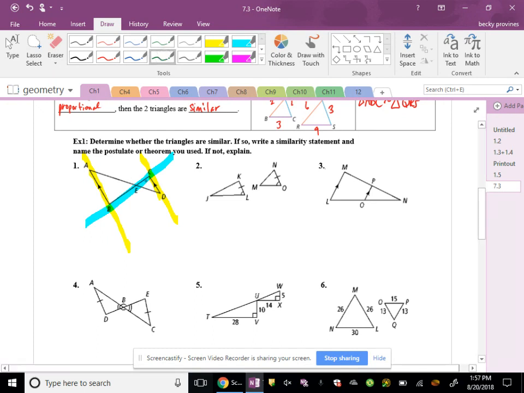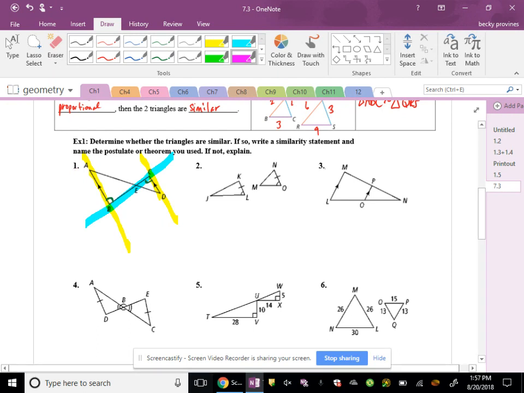So hopefully that sounds familiar. We had alternate interior angles. So we know B and C are congruent no matter what, just because of this information of being parallel. If the parallel symbol wasn't there, then we wouldn't be able to make this conclusion.